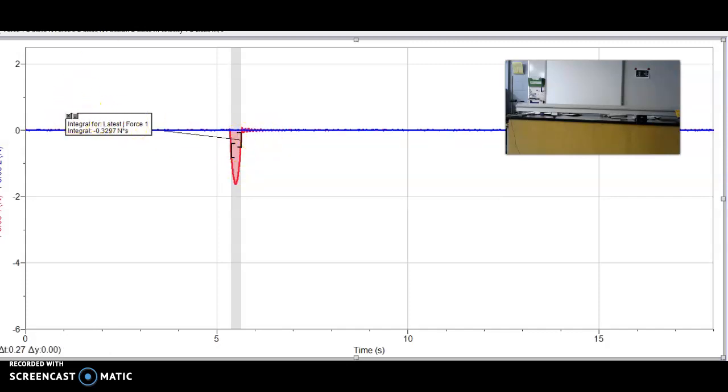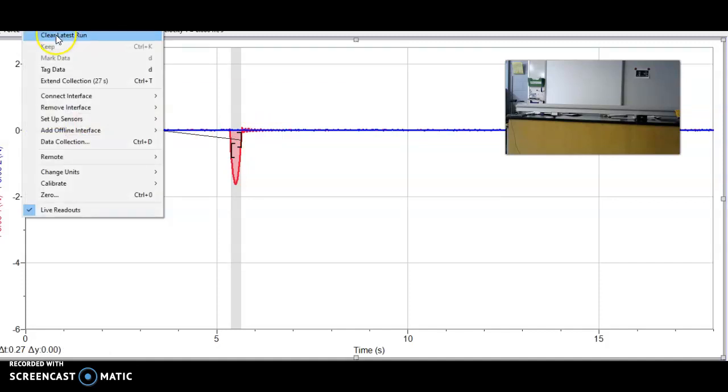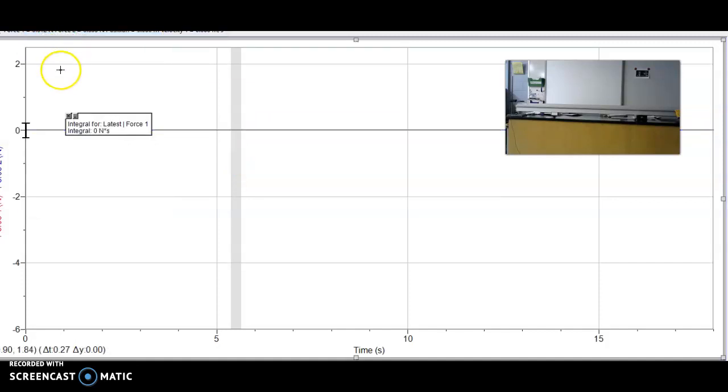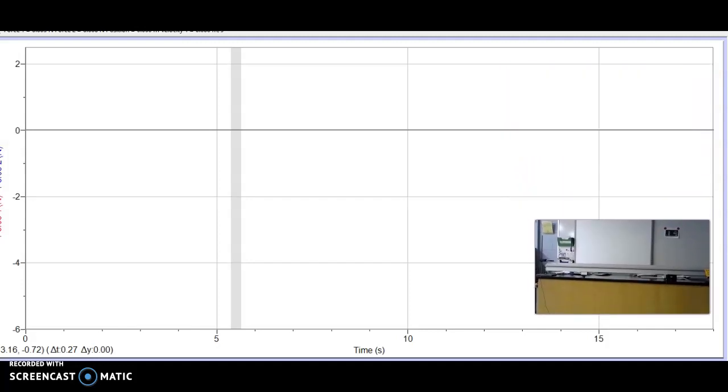So I want to do this experiment again. I'm going to clear this run. And as I'm going to do this, I'm going to bring this down this direction. We are going to have it interact with two hoop springs.